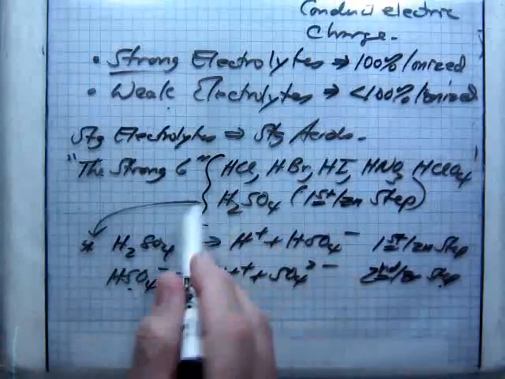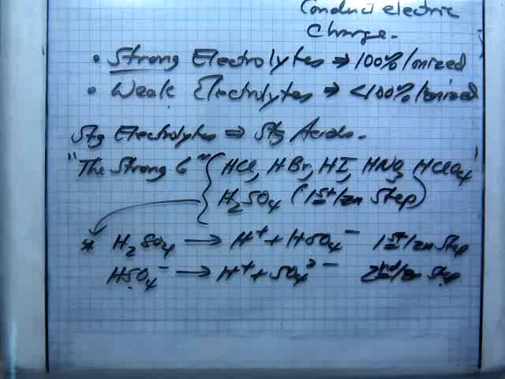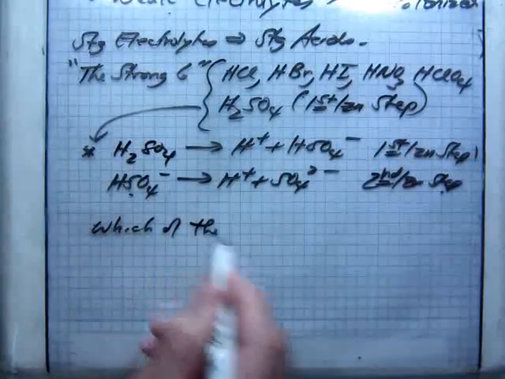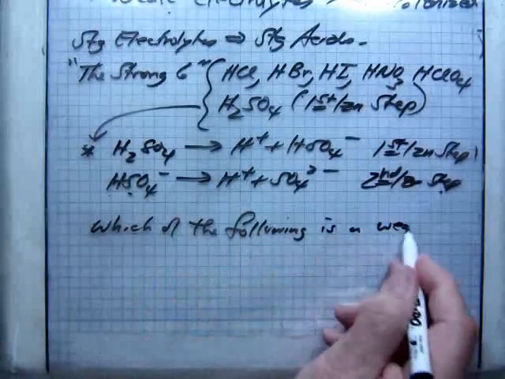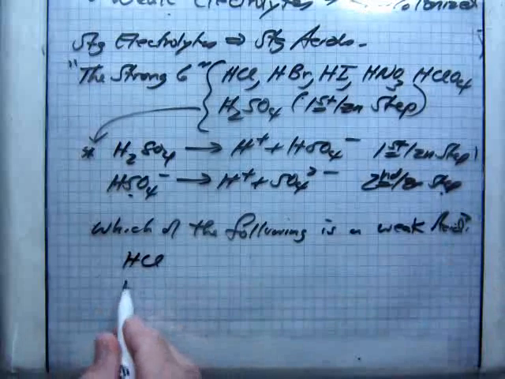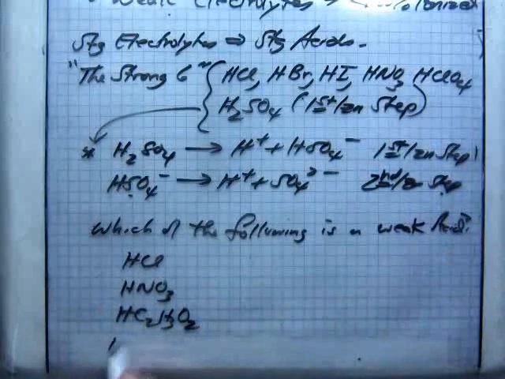Now, the purpose of this is you memorize these with all due diligence, because if you know the strong acids, you already know the weak acids. It doesn't matter if you know what it is; it's just not a member of the strong 6. For example, given a problem, which of the following is a weak acid: HCl, HNO3, HC2H3O2, and H2SO4.